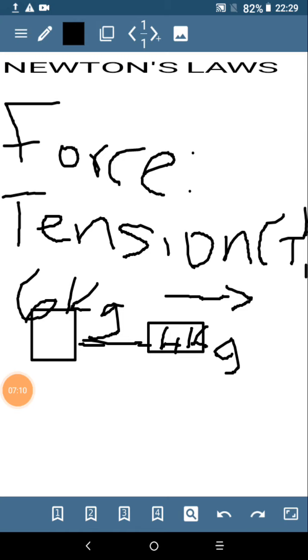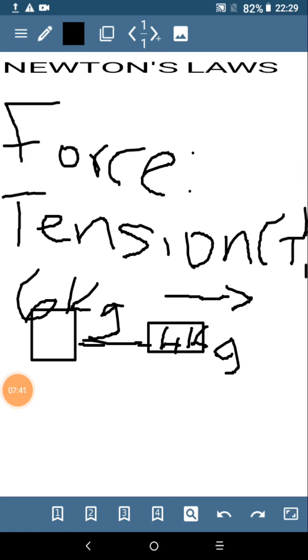So the force that will act on the 4 kg as it is moving to the right, if you see, there's a load, it is carrying a load, or rather it is pulling the 6 kg block. So the force that is exerted in order to pull that 6 kg block is a tension, and it is exerted by the 6 kg.